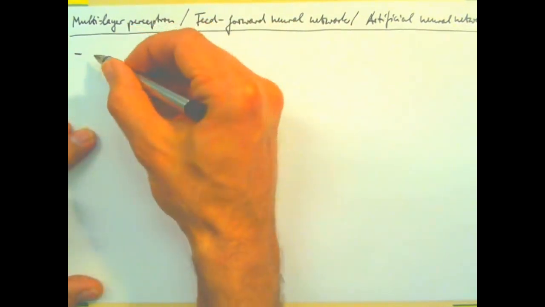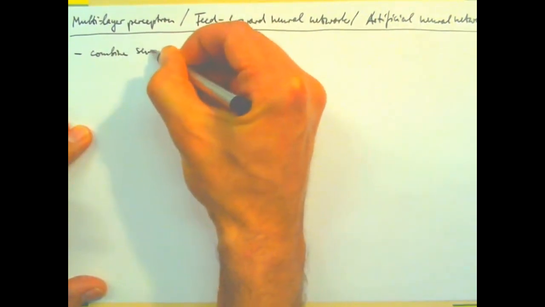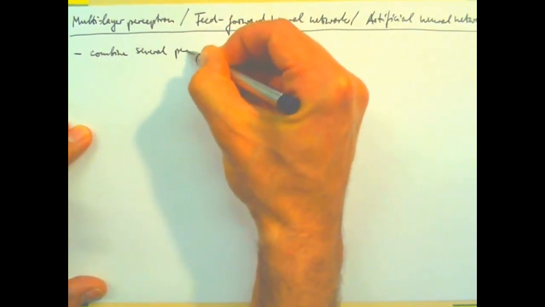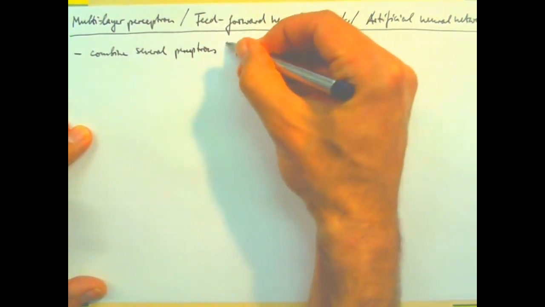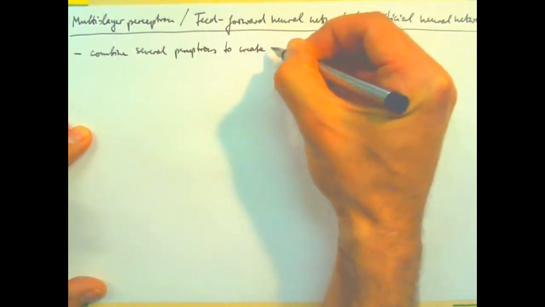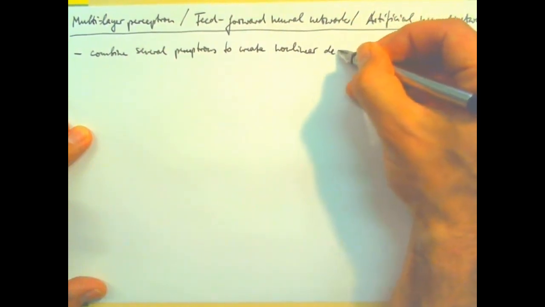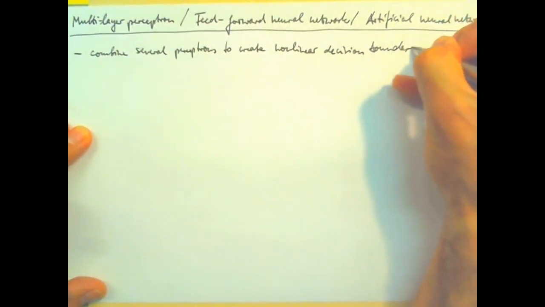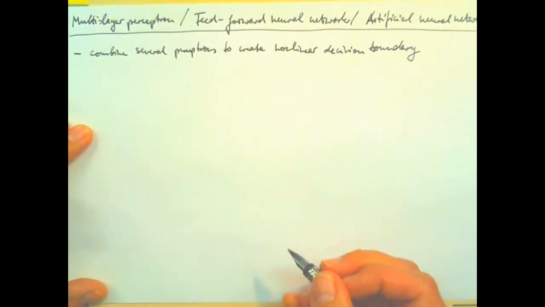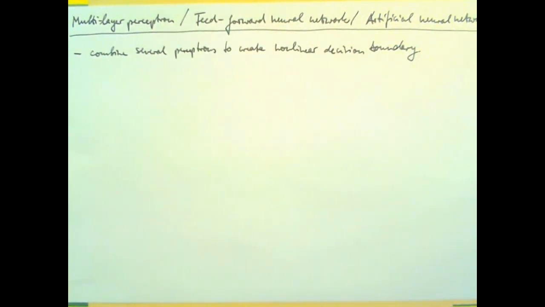So these networks combine several perceptrons to create a nonlinear decision boundary. And that works as follows.